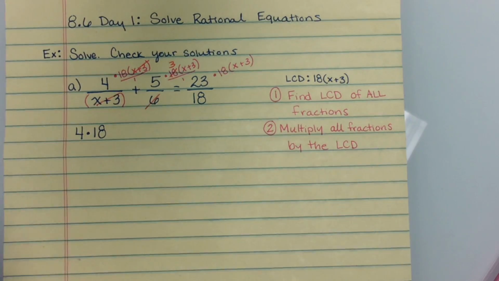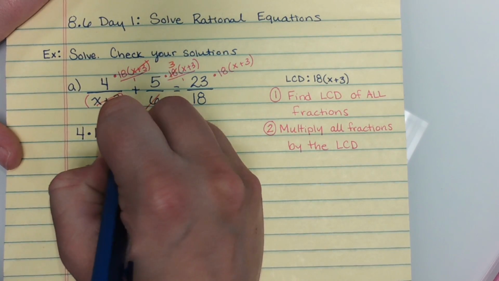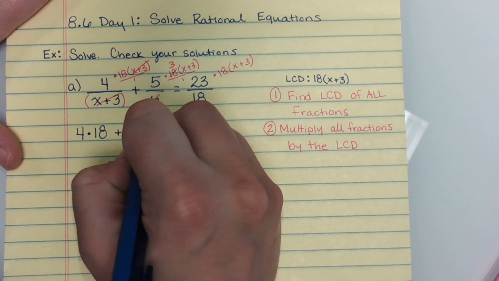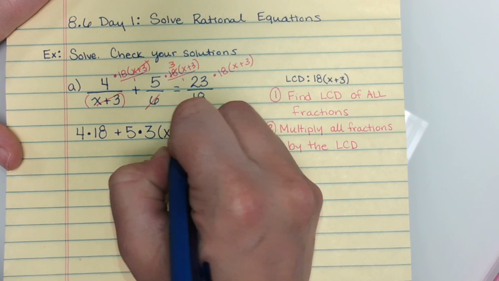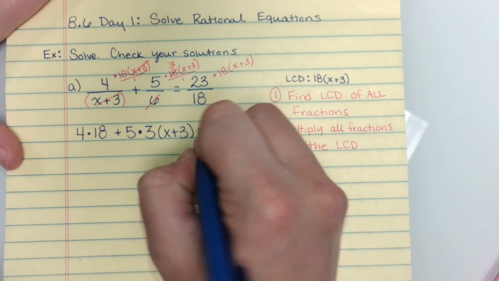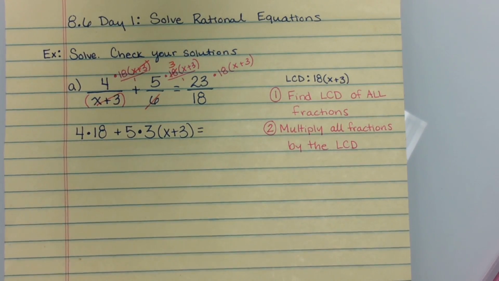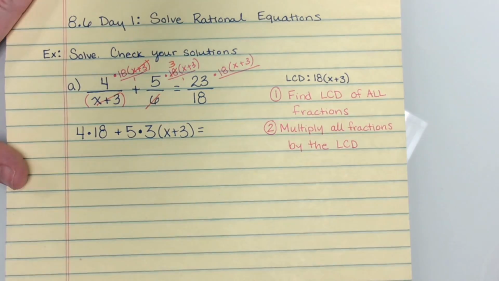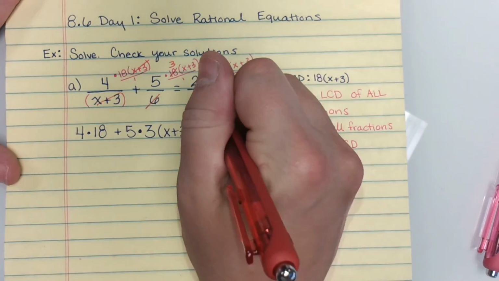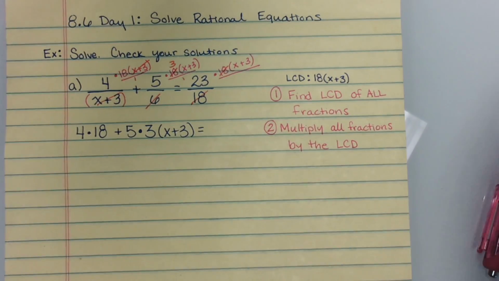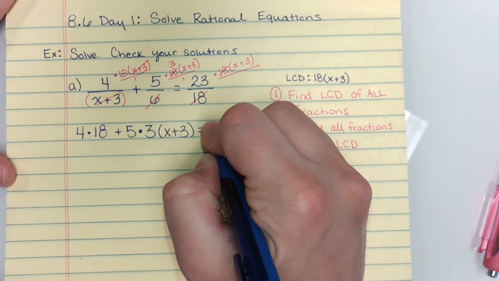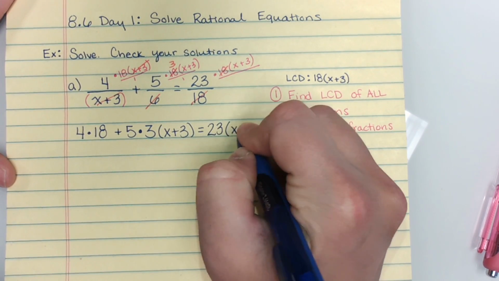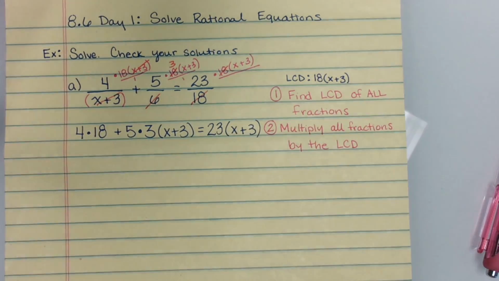More accurately, it leaves me with 5 getting multiplied by the 3 and the x plus 3. Here's my equal sign. Third one, cross simplifying is going to be the 18s, and I will be left with 23 and x plus 3 every single time.